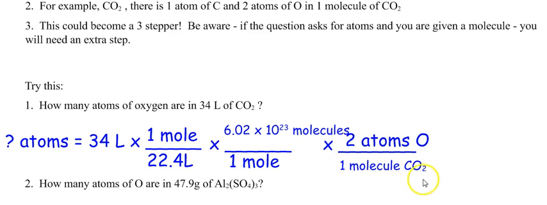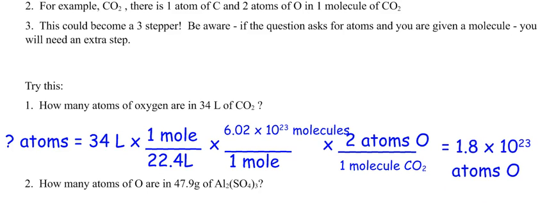So this is our last step for a question like this, where you still had to go to molecules because this is a compound. So then the last step is within one molecule you have two atoms of oxygen. So if you do your math, hopefully you did your math right, and you get 1.8 times 10 to the 23rd atoms of oxygen. Just another step, so you're answering the question.